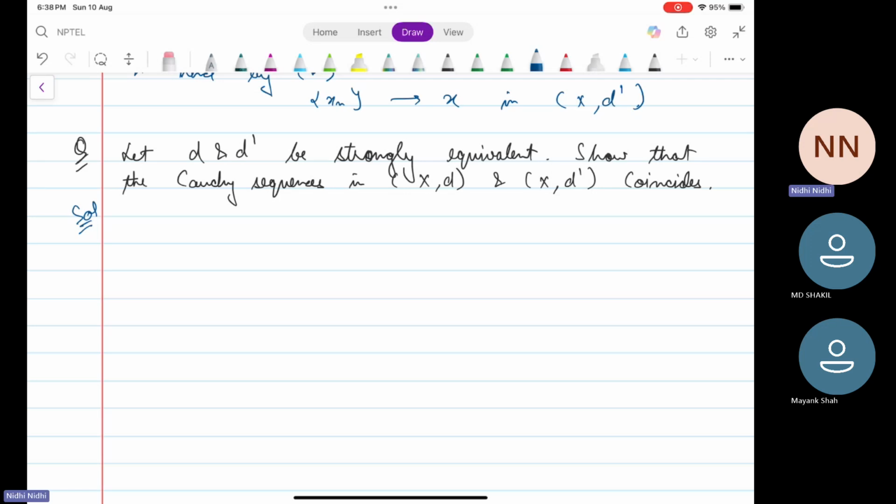So again, using the condition of strong equivalence, we can directly show this, exactly similar to what we did in the case of convergence.